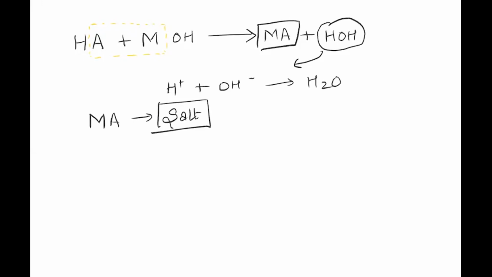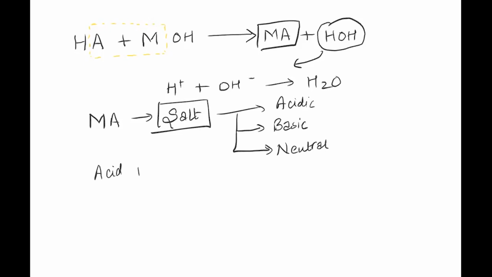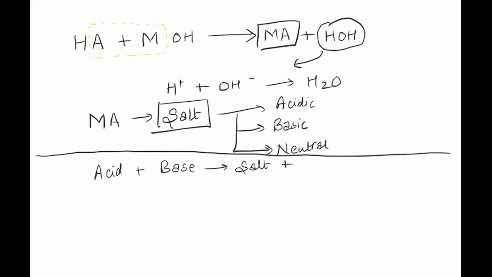Now talking about salts, they are of three types: acidic salts, basic salts, and neutral salts. We know what a strong acid is, what a weak acid is, what a strong base is, and what a weak base is. Suppose we have a reaction of acid plus base, giving out salt and water.